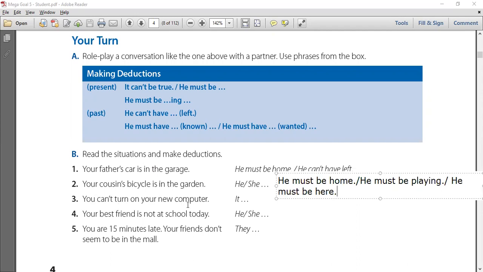Number 3, you cannot turn on your new computer. Why can't I turn on my new computer? Give me a reason. It must be broken. Very good. Did you understand the meaning of the question?